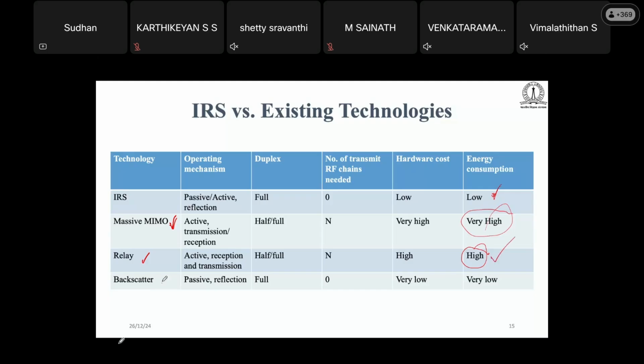And backscatter is very low power, but it has a very specific use case and distance, whereas IRS can be considered a very large distance communication device.